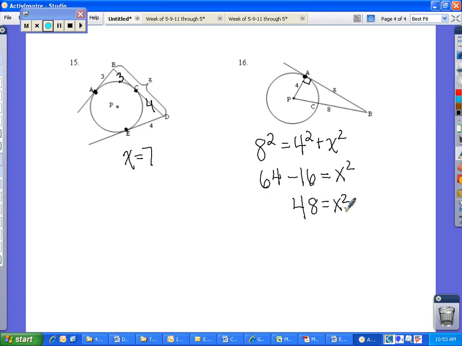So taking the square root of 48 on both sides and simplifying the radical. So x equals the square root of 48, and now you have to determine simplifying the radical. So a perfect square factor of 48 is 16, which gives you 16 times 3. The square root of 16 is 4, so 4 root 3 is your value for x.